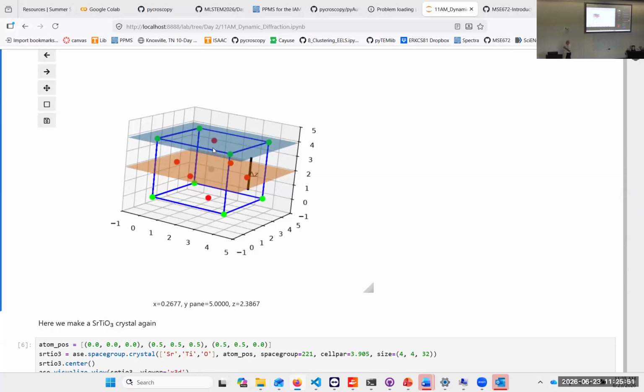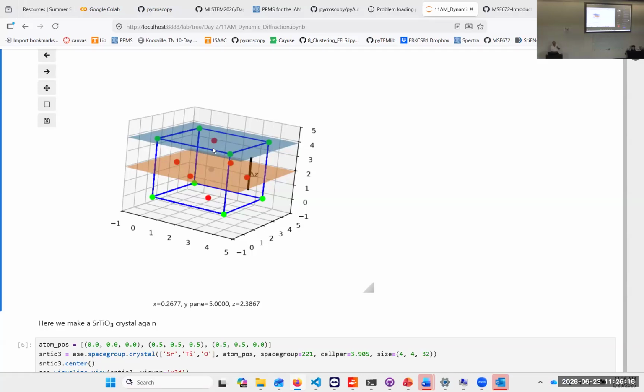Now the slices are so thin that we can handle them kinematically, right? As long as we are not trying to do uranium oxide, we should be fine. So we create very, very thin slices that are kinematically okay.